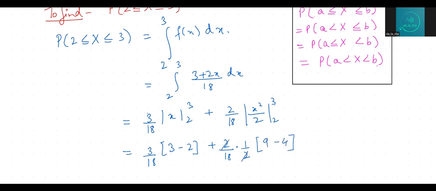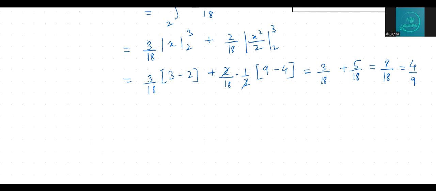So 3 upon 18 plus 5 upon 18. So we are getting 8 upon 18 as the answer, or I can write it as 4 upon 9. So the probability of X lying between 2 to 3 is coming out to be 4 upon 9.